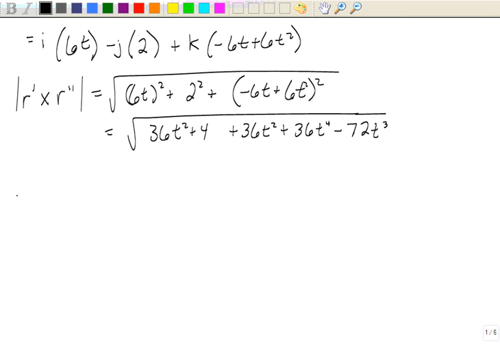And at t equals 0, that equals the square root of 4, which is 2.